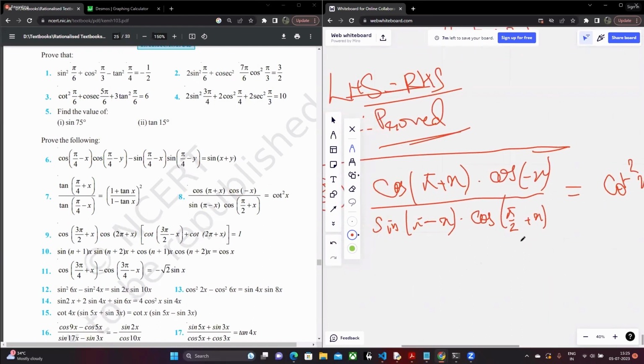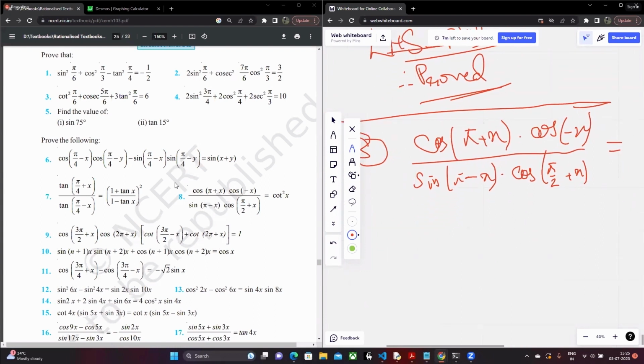All right. So first things first, cos of pi plus x. Note that this is going to be in the third quadrant. Cos of pi plus theta is going to be minus cos theta. Cos of minus x is going to be cos x, because you all know that cos is an even function.